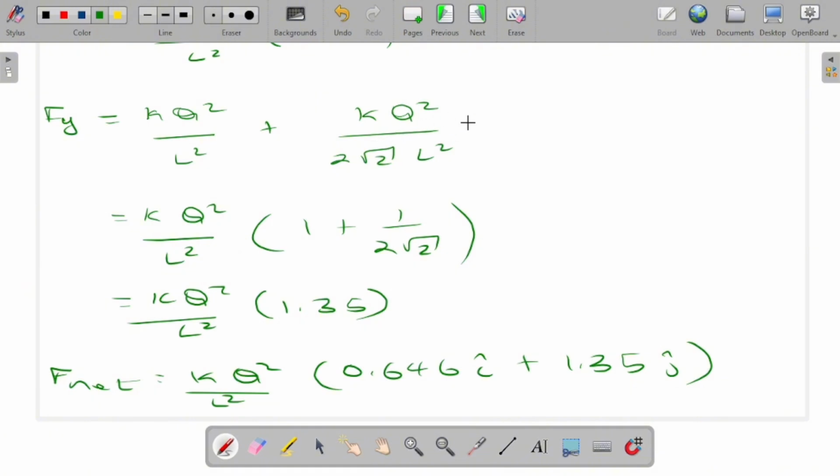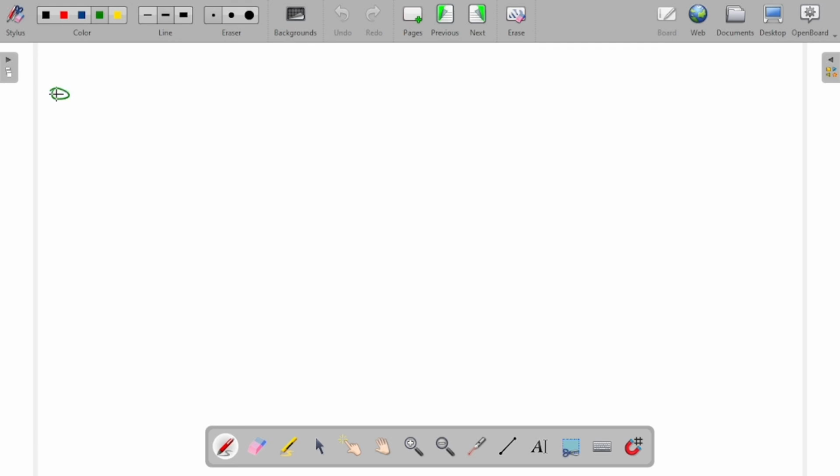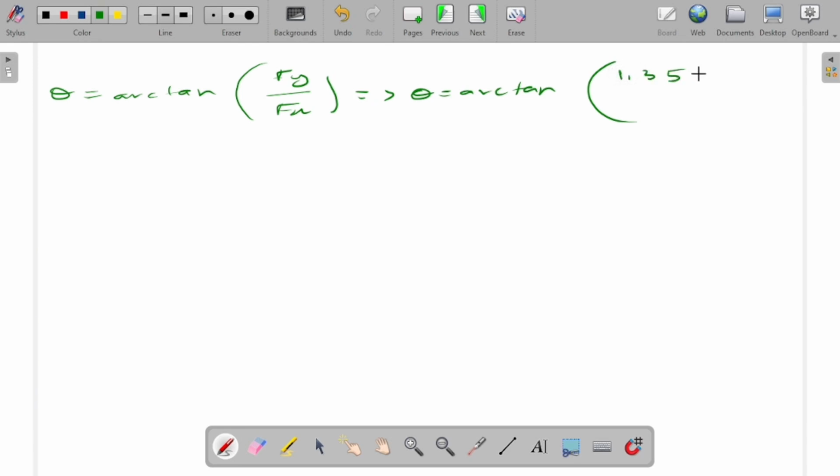Oh, all right. So to find the angle, what do we do? Theta equals arctan of Fy over Fx. Which is arctan of what component? Kq squared over r squared. I think let's just take the components. Remember, the magnitudes are going to cancel.